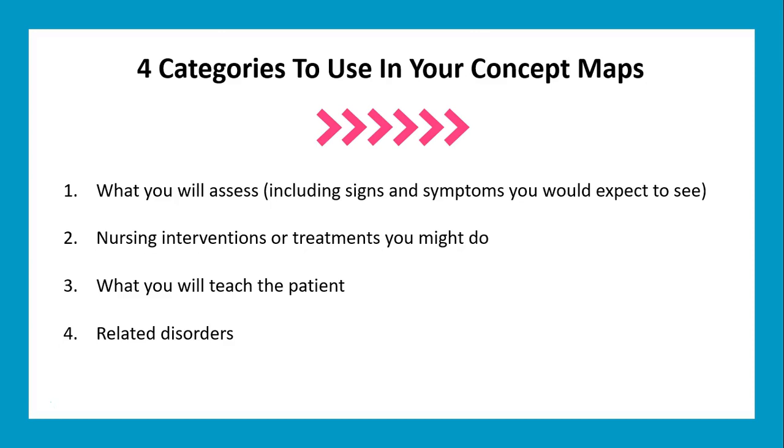Then, once you've made a list of all the associated disorders, you can create concept maps for those as well, and then compare and contrast them to your main disorder. This is a really nice visual way to connect all of the concepts together. Plus, just the process of writing out your concept maps will help solidify the information into your brain so you can actually remember it when your exam rolls around.